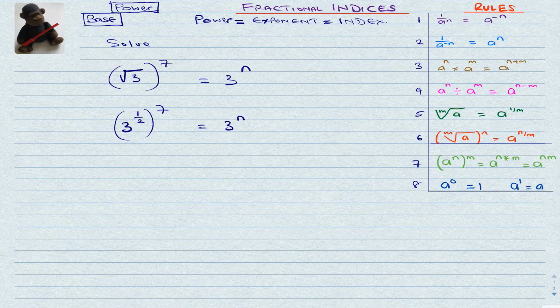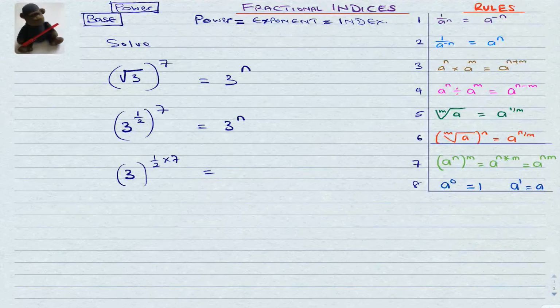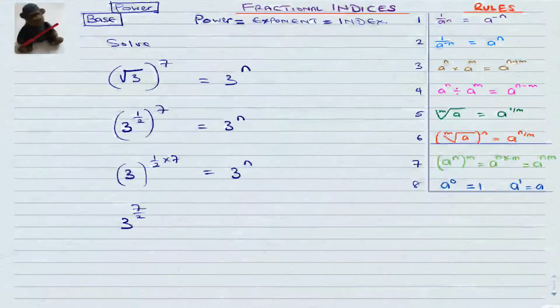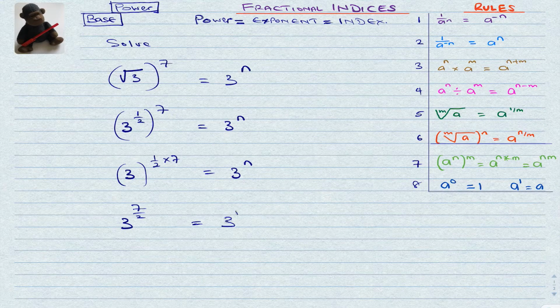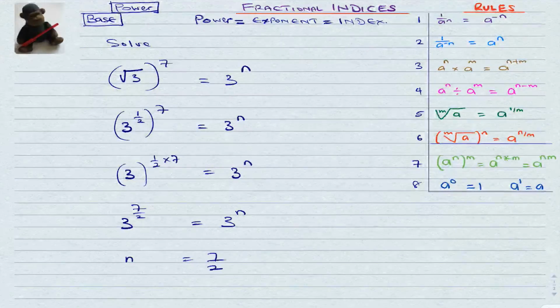We need to take the power of a half out, and then we're going to have 3 to the power of a half times 7 equals 3 to the power of n. So then we have 7 over 2 equals 3 to the power of n, and because the bases are equal and there's an equal sign between them, the powers will be equal. So n equals 7 over 2.